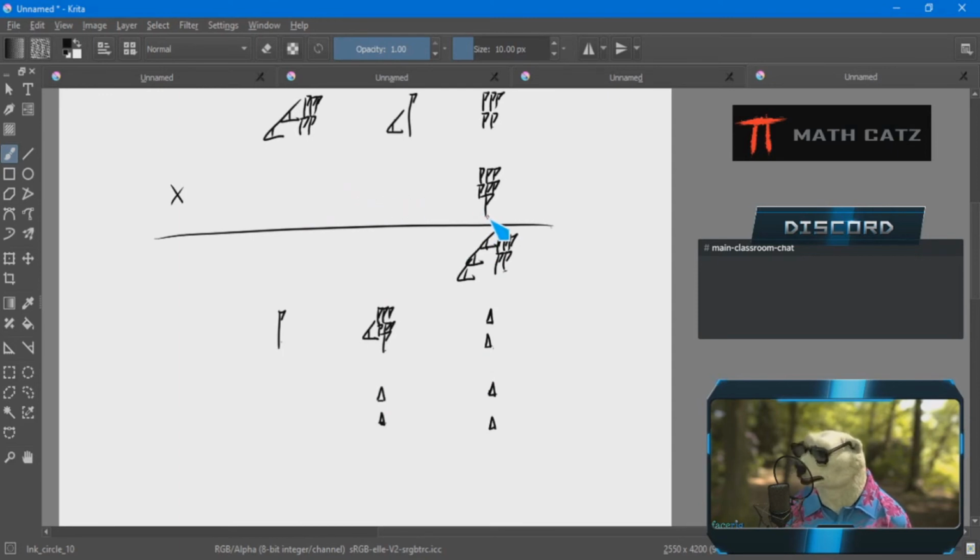Empty space is not a valid symbol. 7 times 25. Is it 25? Yes, 7 times 25. Well, 7 times 20 is 140 plus another 7 times 5, which is 35. So 175.